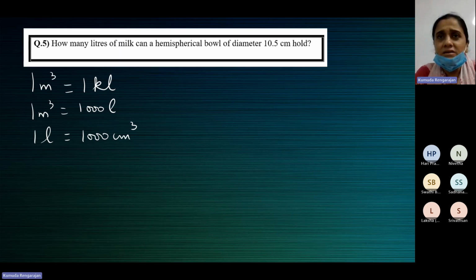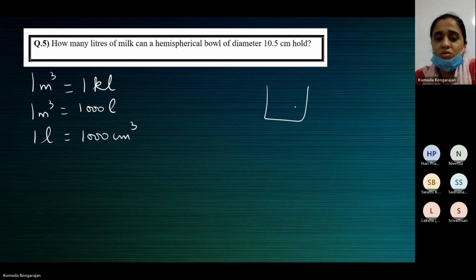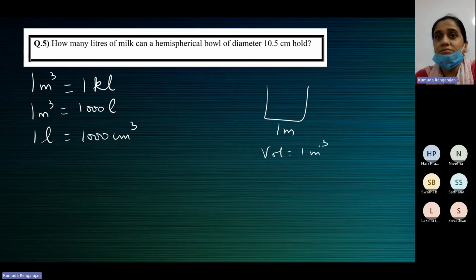What will be the volume of that container? 1 into 1 into 1, because it is cubical. So 1 meter cubed it will be. If you have a cubical container whose edge is 1 meter, its volume will be 1 meter cubed.